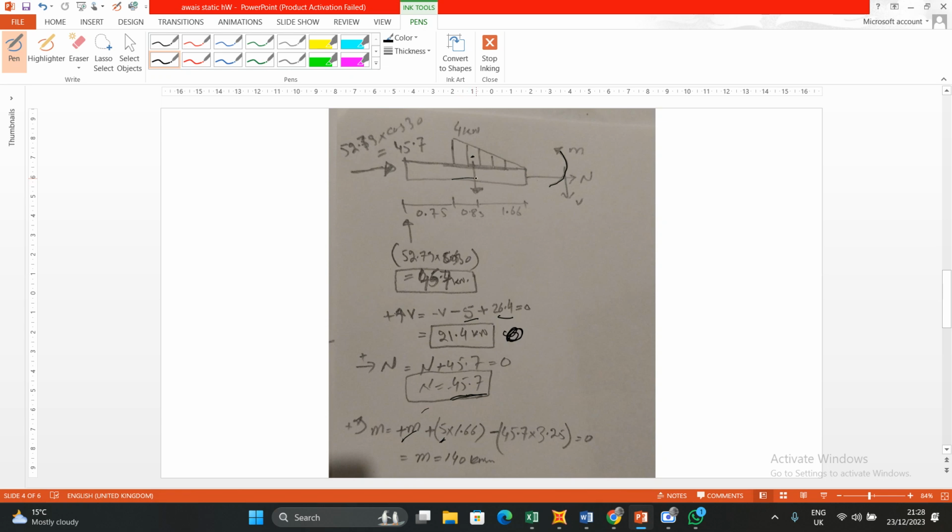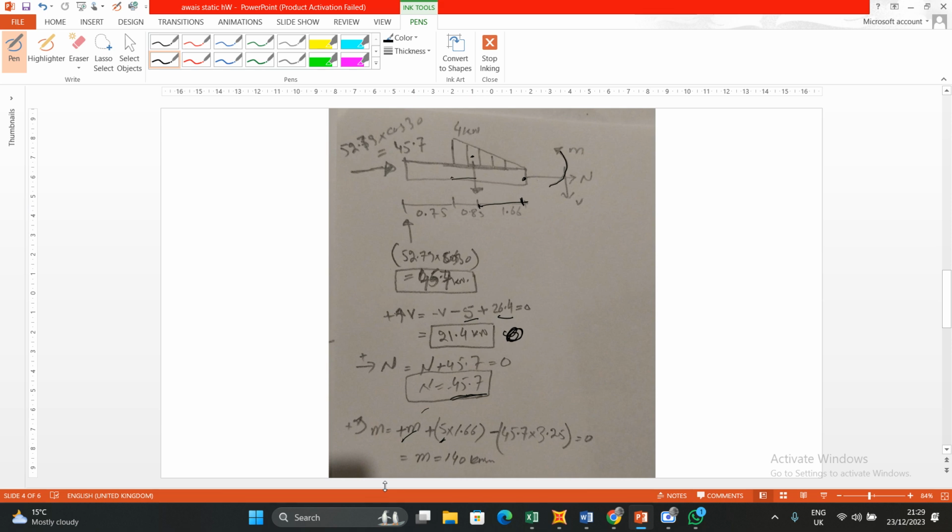So this is the 1 over 3, but I will take the moment from this point to this load, so I need this distance, which is 1.66, and you can see here 1.66. Let me find it as well. 1.66, which is 2.5 minus 0.83.